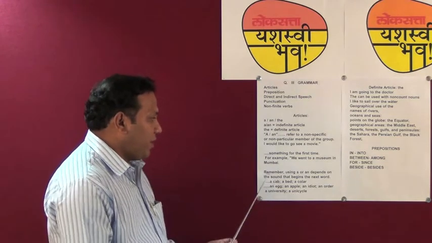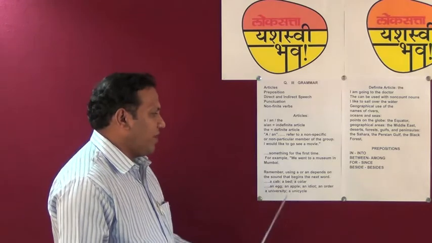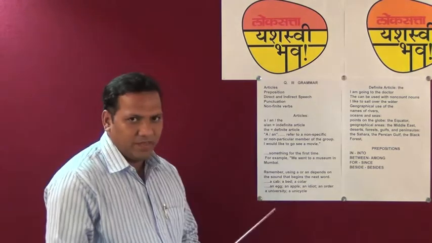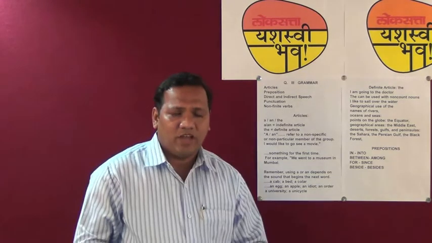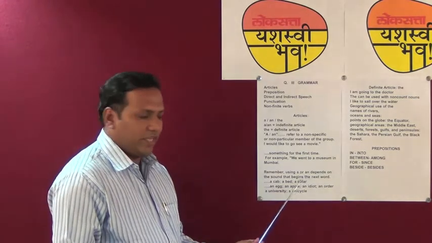Okay. Remember, using a or an depends on the sound that begins the next word. In your classes, you might have been told that the vowels carry an. For example, a, e, i, o, u. These are the vowels and they carry an. But remember, it is their sound that carries an, not the letter.